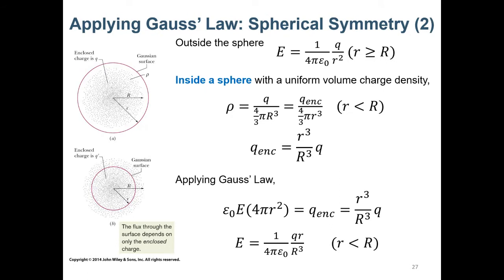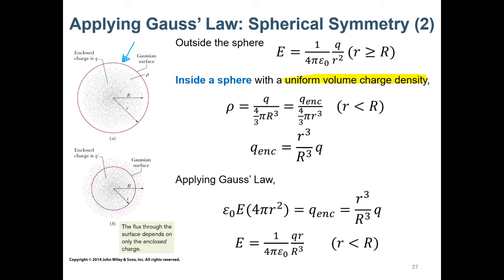Next, we can still apply Gauss's law for spherical symmetry. Here, we assume that the charge is distributed on a non-conducting sphere, which has a uniform volume charge density.